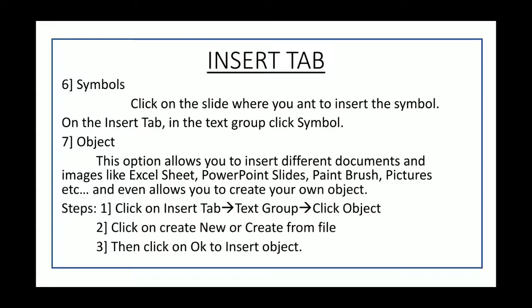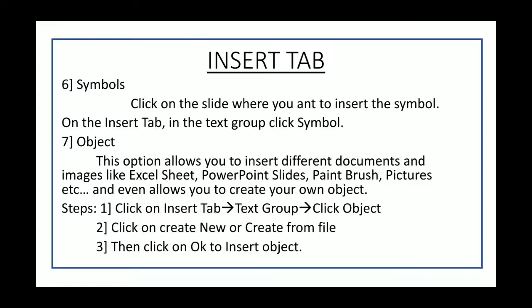The steps are: click on the Insert tab, select the Text group, and click Object. Click on Create new. There will be two options, create new or create from file. Create new means the object will be created newly. You have to create it, and it will be inserted into your presentation.